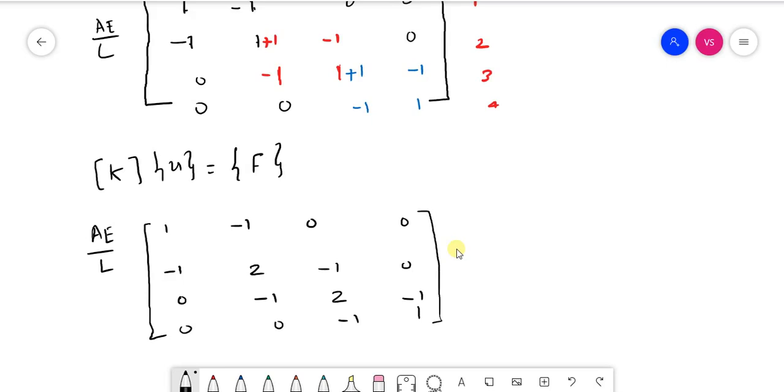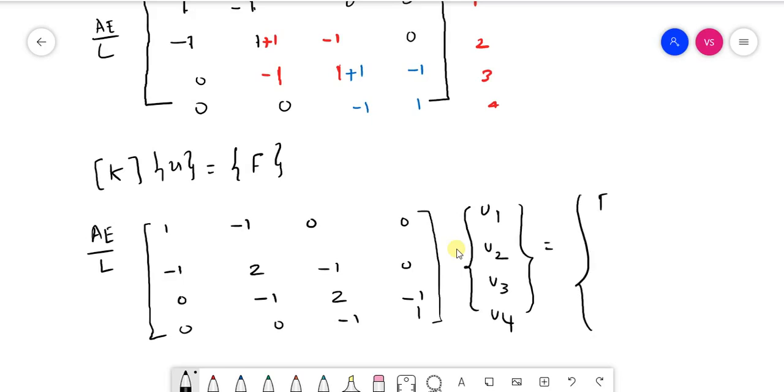This is K. Now U is the displacement vector. There are 4 nodes, so U1, U2, U3, and U4. K U equals F, where F is F1, F2, F3, F4.